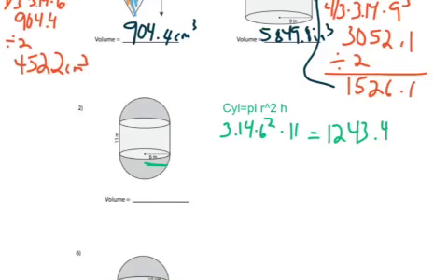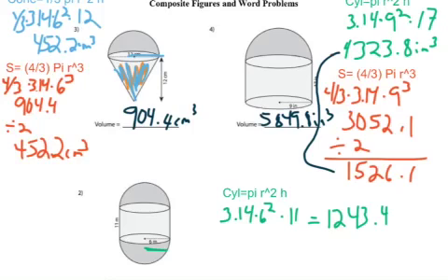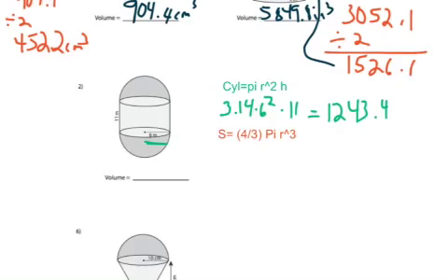Okay, now we need to do the sphere. So duplicate that, bring this down. Sphere formula, which again you guys should become pretty familiar with at this point. So 4/3 times 3.14 times 6 cubed.